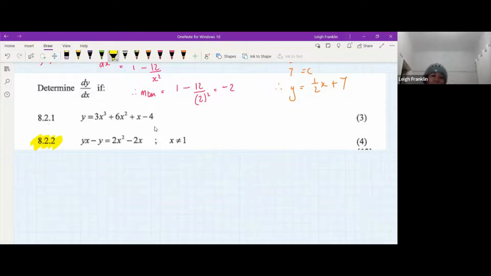Anybody got an idea as to what we're supposed to do? How do we find the derivative of y with respect to x in 8.2.2? Any ideas on what we need to do first?